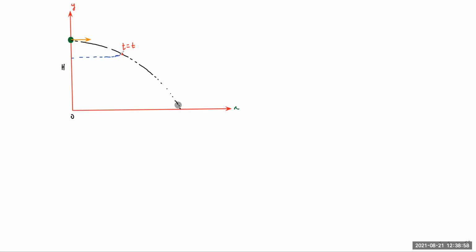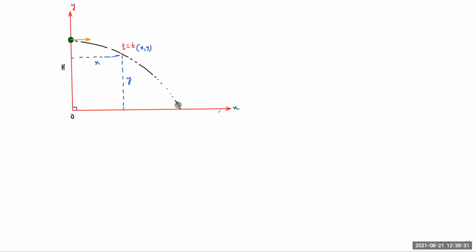So we want to know a general x value and a general y value. So it will have x and y coordinates, and this is the y and x graph.